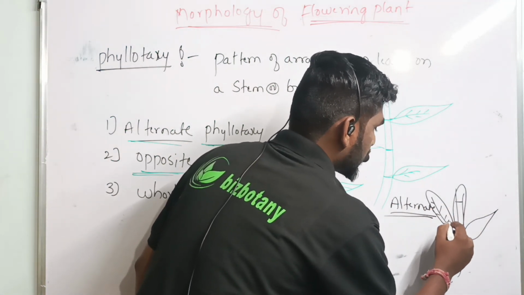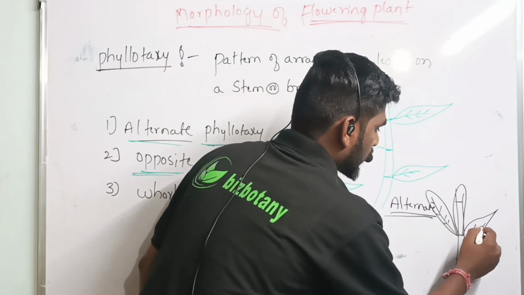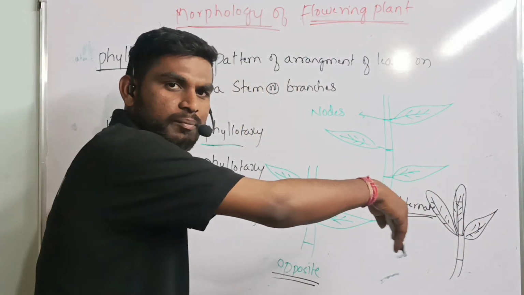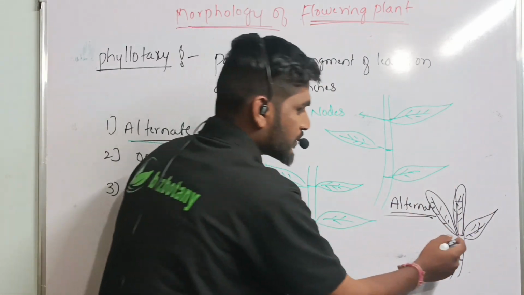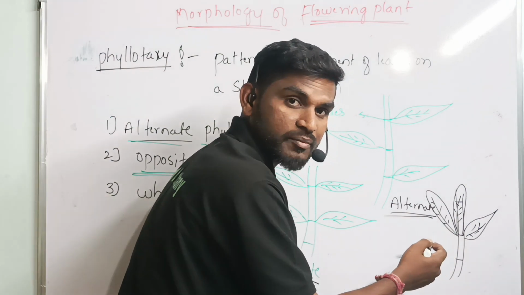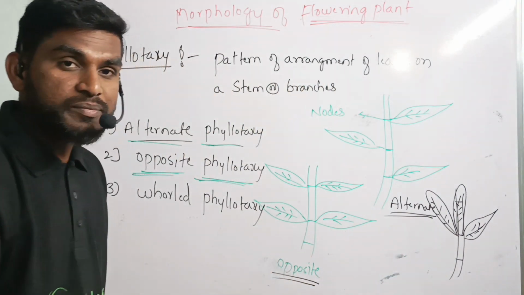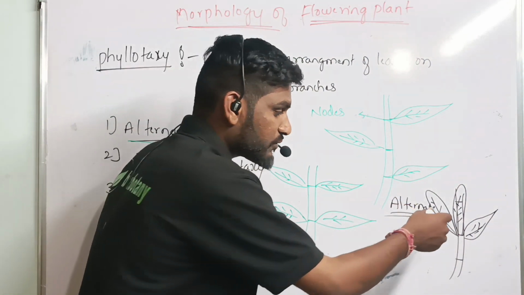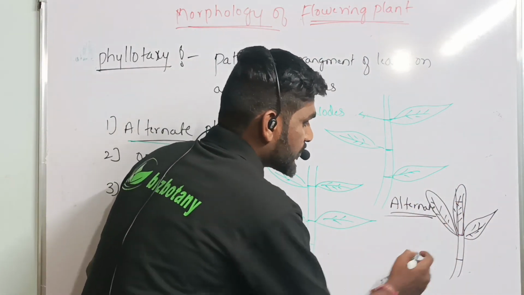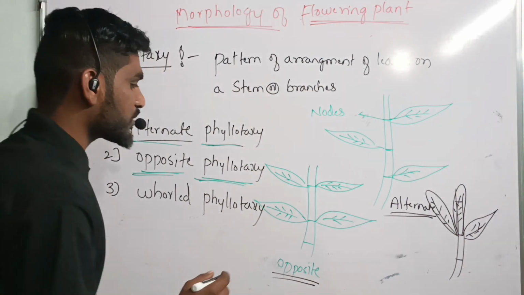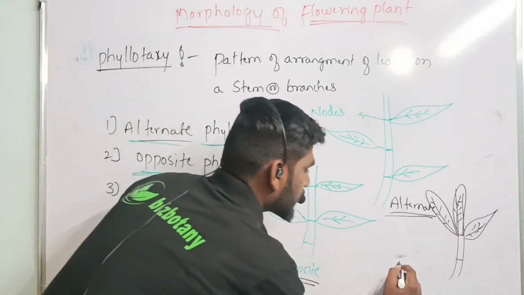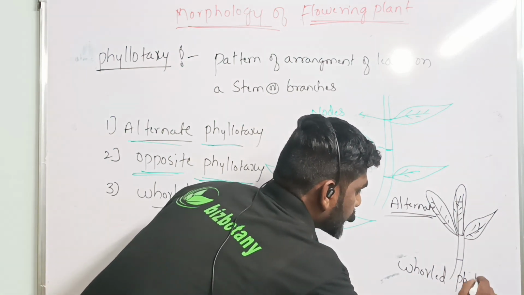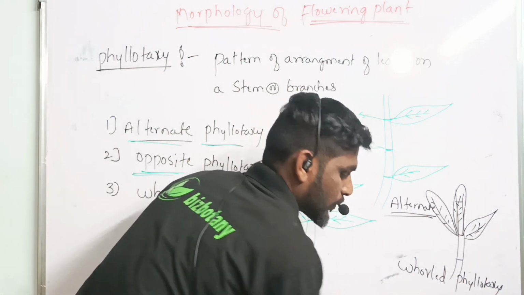They are arranged in a circular or whorled form, surrounding the complete stem or node region. Such type of arrangement of leaves we call whorled phyllotaxy.